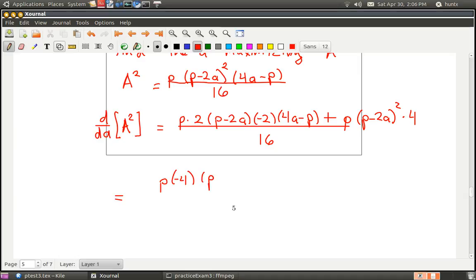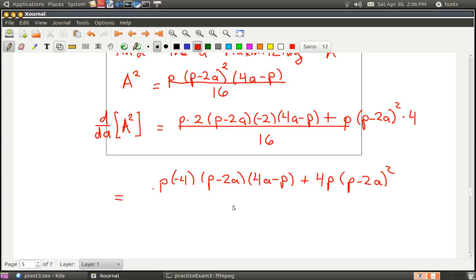And I've got P minus 2A. And then this part, which is 4A minus P. And plus 4 here, 4P, and a P minus 2A squared.